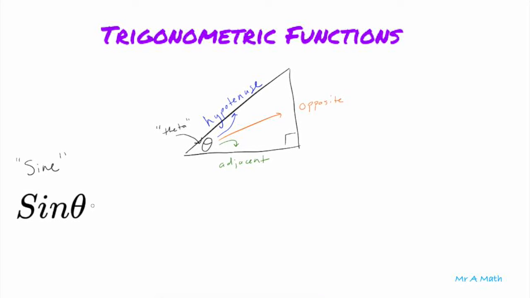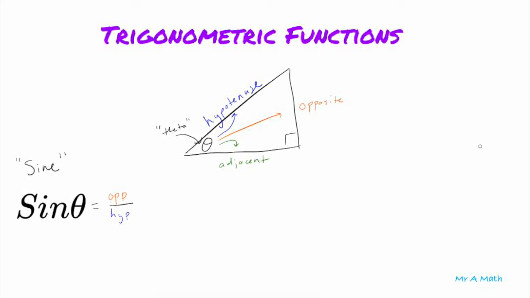So sine of theta is the ratio between the opposite side of theta and the hypotenuse side of theta. So whatever the length opposite of theta is and whatever the length hypotenuse of theta is, that's going to be my ratio.